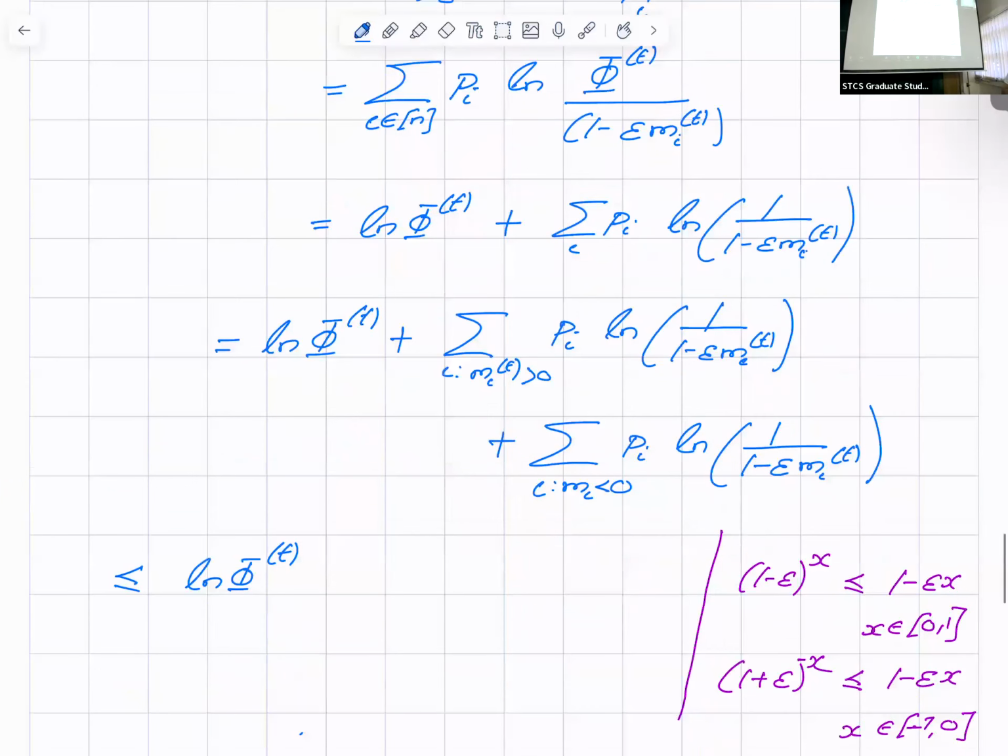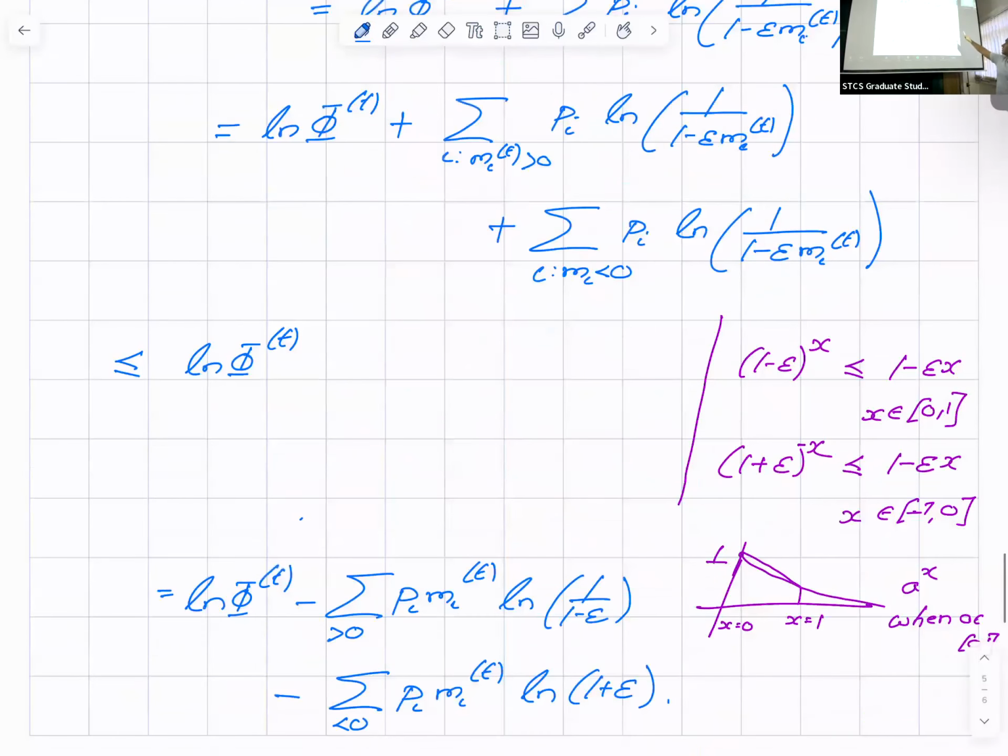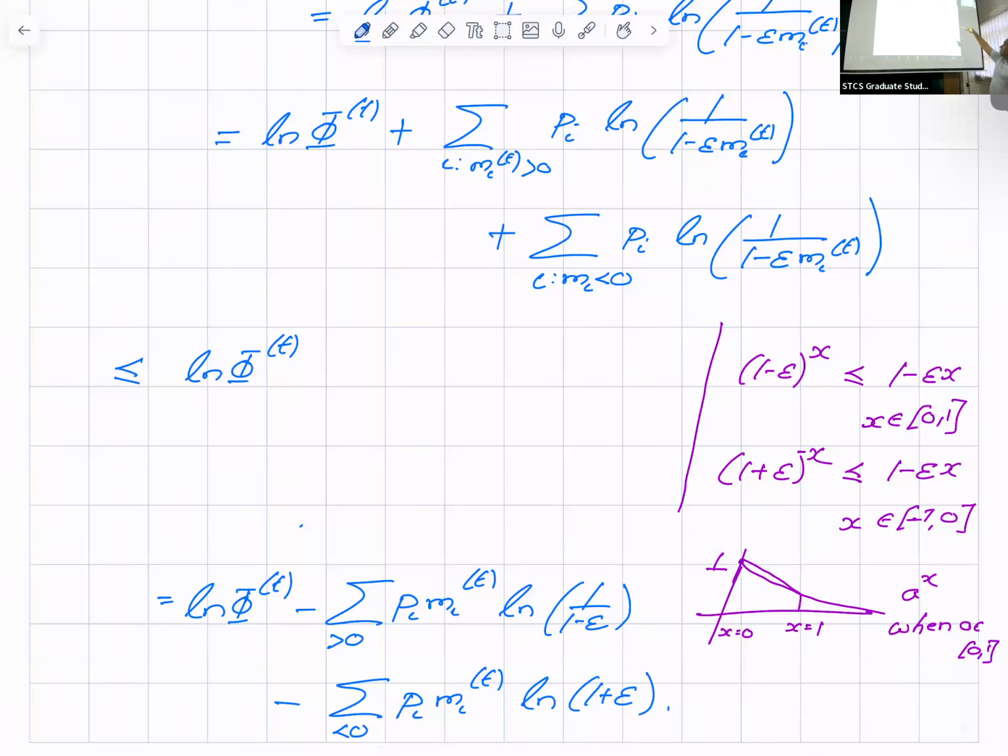Then I'm going to apply these inequalities. And because it's the denominator, the inequality flips. So this is actually 1 plus epsilon to the power minus x, and x is between minus 1 and 0. Yes.